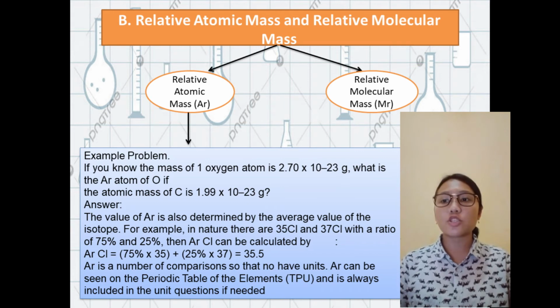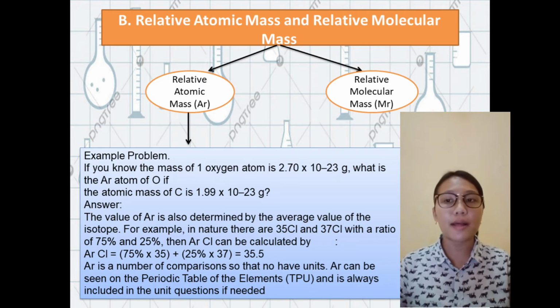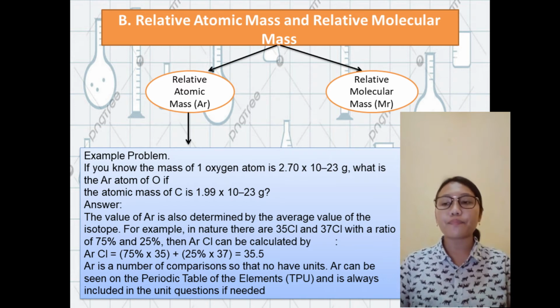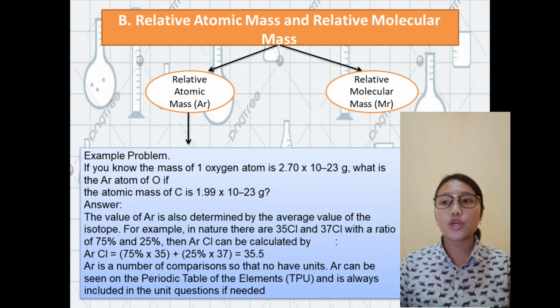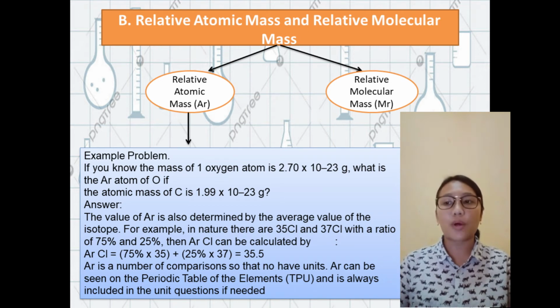In the atomic structure material, it has also been studied that atoms are very small. Therefore, it is impossible to weigh atoms using a balance. 1. Relative atomic mass or Ar. Experts use the carbon isotope C12 as the standard with a relative atomic mass of 12.